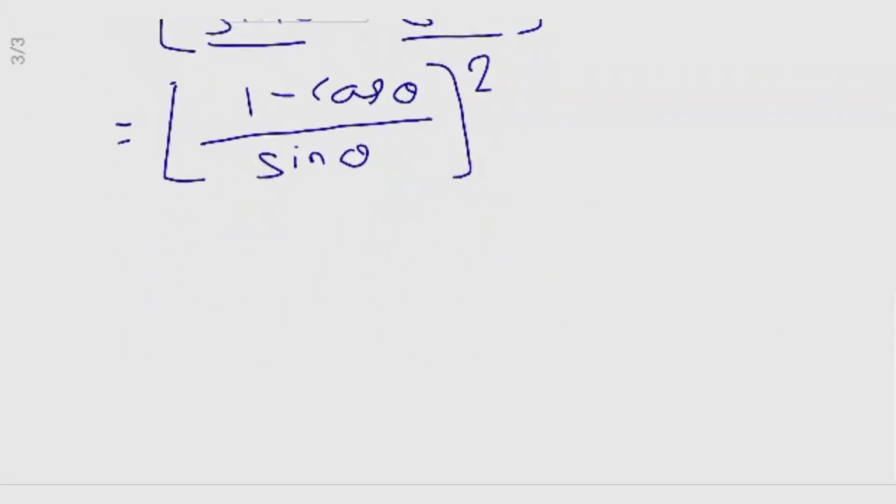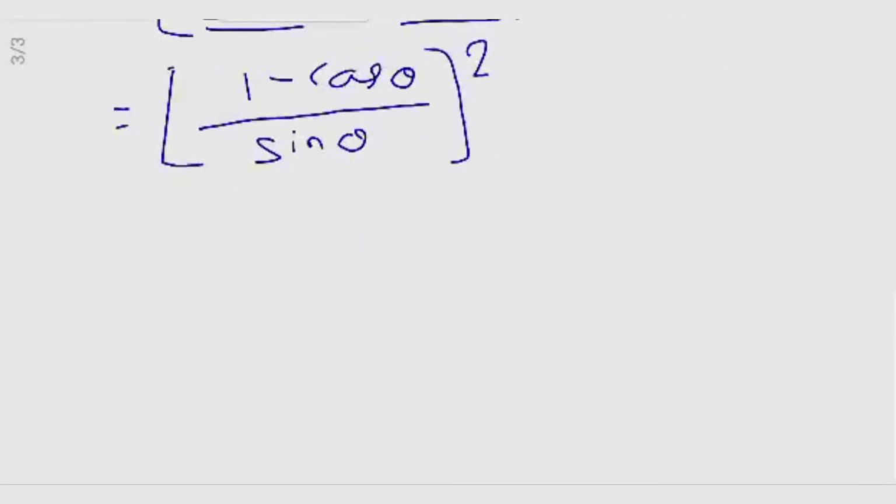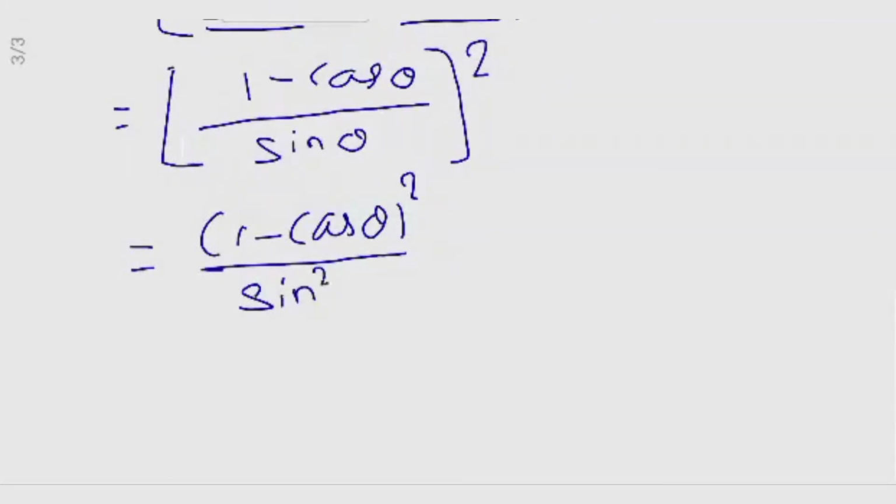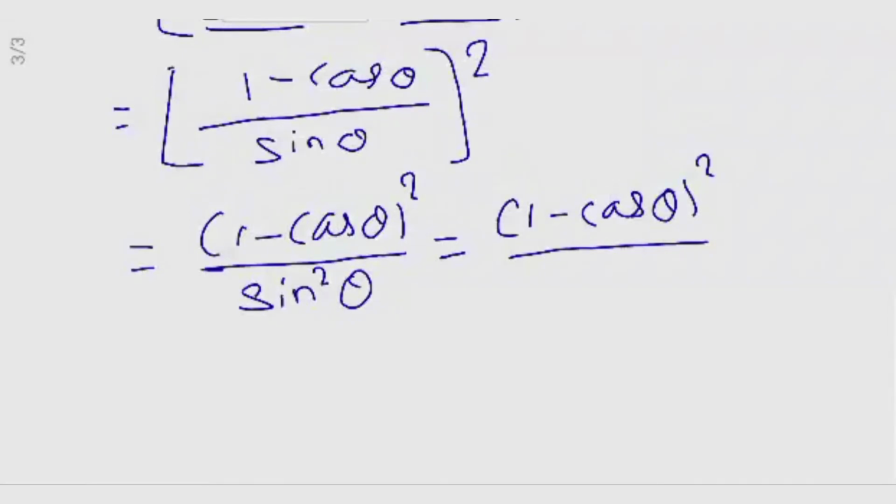Now take square separately, 1 minus cos theta whole square, this divided by sin square theta. So this one we can write 1 minus cos theta whole square as it is, and this divided by sin square theta we can write 1 minus cos square theta, because we know the identity sin square theta plus cos square theta is equal to 1.